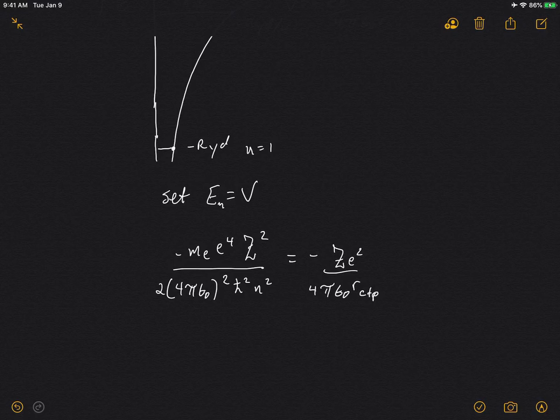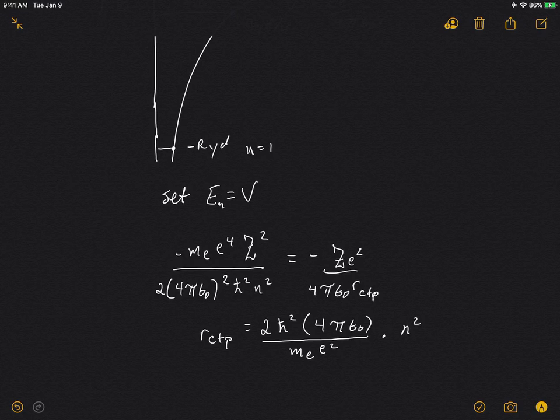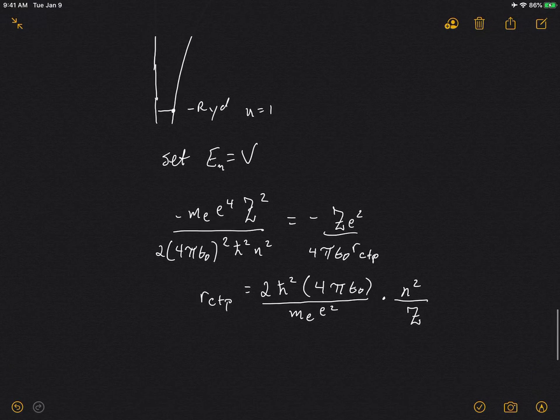And so you end up with the classical turning point is 2 h bar squared 4 pi epsilon naught over m_e e squared, times, and here's where I put all the physical constants out front, then I put the things that depend on our system next, and it's going to be n squared over Z, where Z is the atomic number of the nucleus.